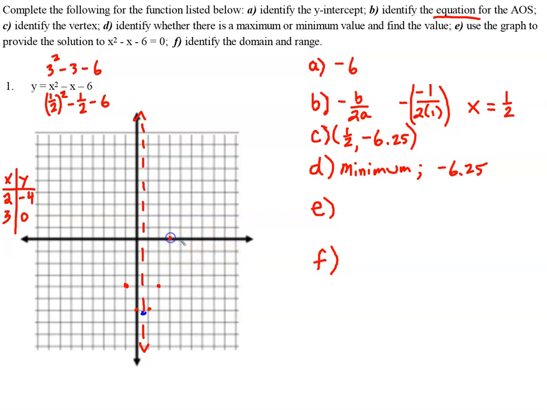I don't have to guess. It's an integer. It's going to be 3. That's one of my solutions. And then I'll get the other one just by looking at my AOS. So that's 2.5 units away. So 1, 2, 2.5 units. And so now I'm ready to sketch my graph.